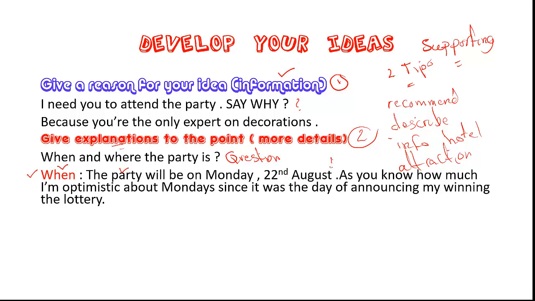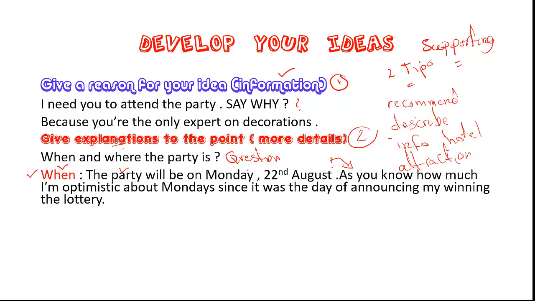If you stopped here, you would provide no details to your friend, so your writing would sound boring. Now we explained the point by saying, as you know, how optimistic I am about Mondays, since it was the day of announcing my winning the lottery.